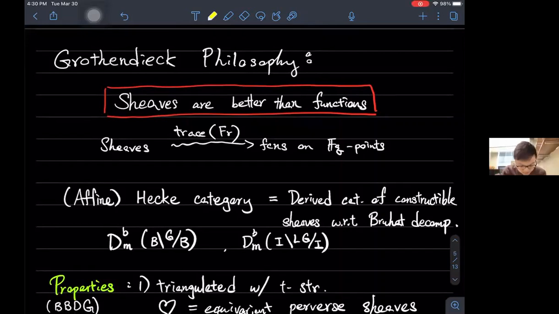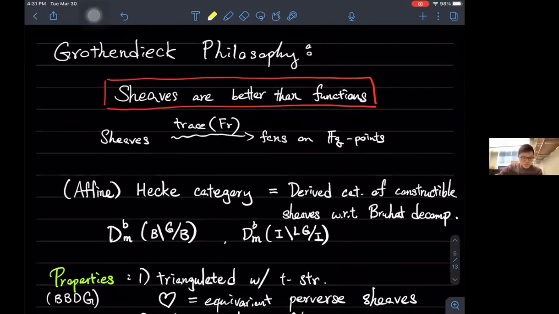Well, the Grothendieck philosophy tells us, okay, sheaves are better than functions. So if I have a sheaf on a variety, I could take the trace of Frobenius, and then I will obtain a function on the F_q-points of that variety.